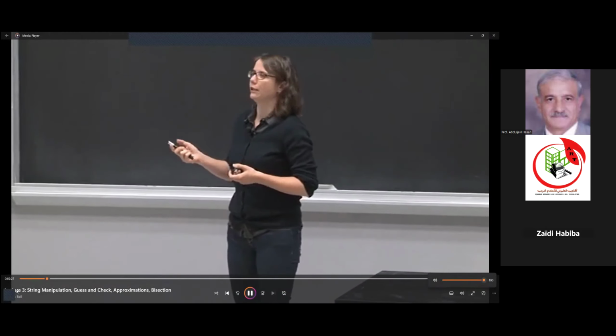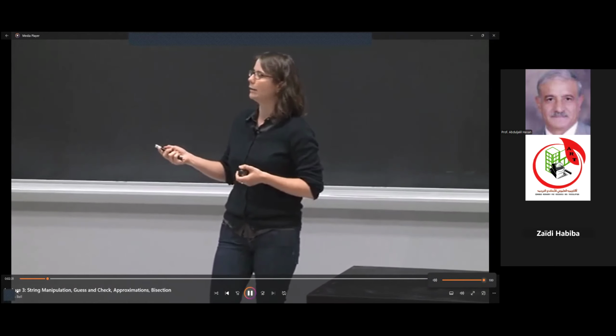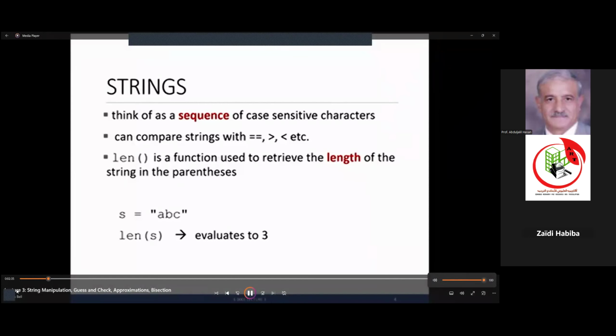Okay, someone already wrote this. So the first one we're going to look at is a pretty popular function. And when applied on a string, this function called len will tell you the length of a string. So that's going to tell you how many characters are in the string. And characters are going to be letters, digits, special characters, spaces, and so on. So it's just going to count how many characters are in a string.